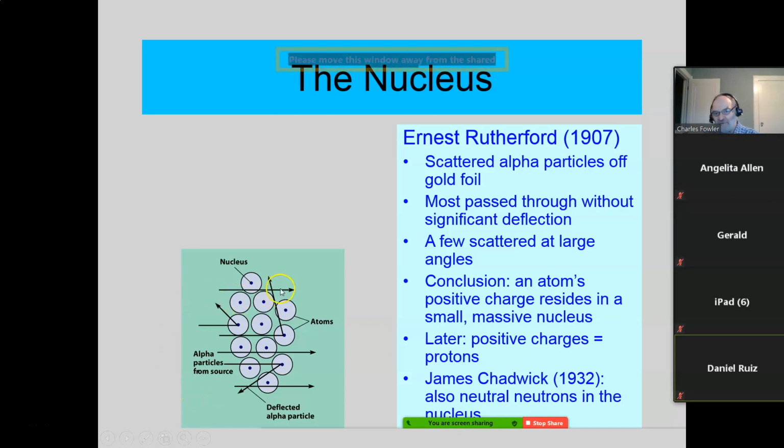Those going through the electron cloud zoomed right on through. Okay, and even though he had several atoms thick of gold foil, still most of them went right through, without ever encountering a nucleus.